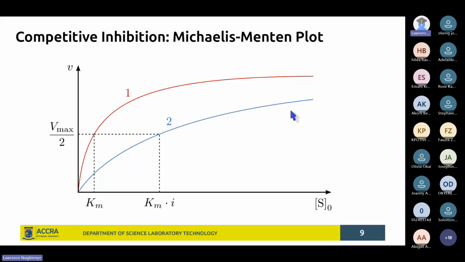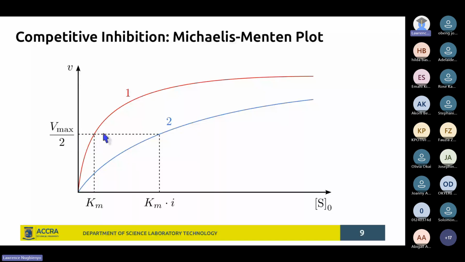which means that the maximum rate of reaction is going to be the same, it's constant. That maximum rate of reaction can still be reached, only that it will be reached at a higher concentration of substrate. What it then means is that half of the maximum rate of the reaction will also be the same, it will not change. If the maximum rate of reaction is not going to be changed, then of course its half will also not change.